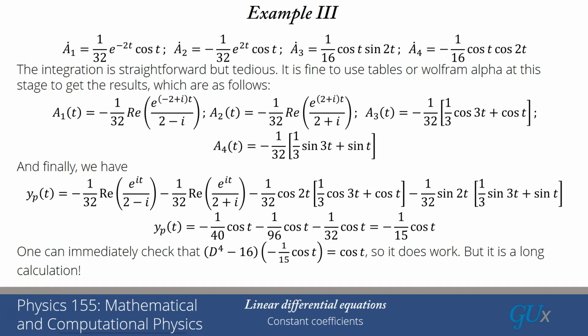So it does work, but it is a rather long calculation and not one that is all that pleasant to go through. We're going to show you in the next lecture an easier way to solve these problems if you can make good guesses as to what general form the particular solution must be.